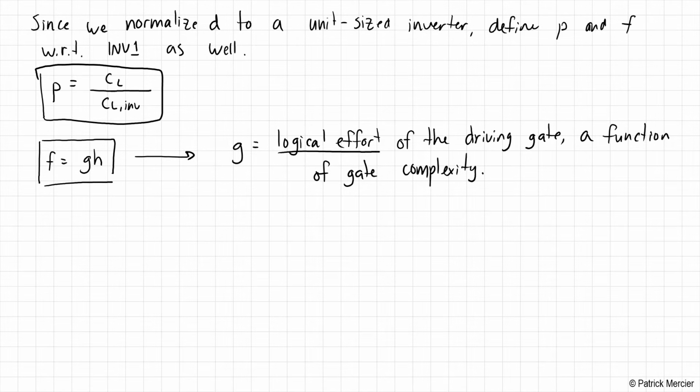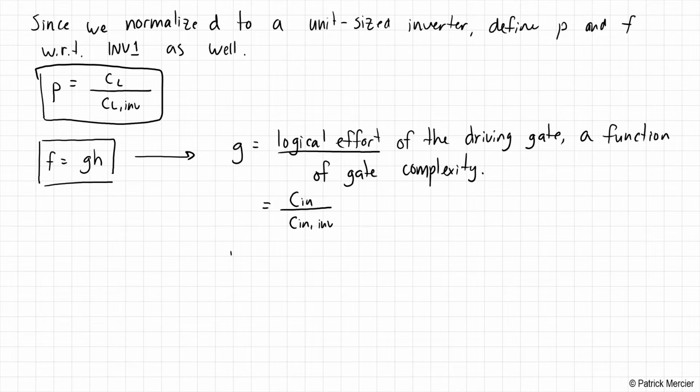Now, specifically, according to this definition, we're going to say G is equal to the input capacitance of the gate that we're analyzing to the input capacitance of a unit size inverter, or of an inverter sized to have the same drive strength capabilities.